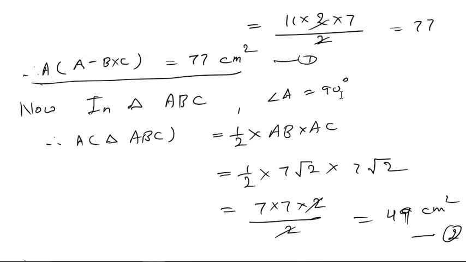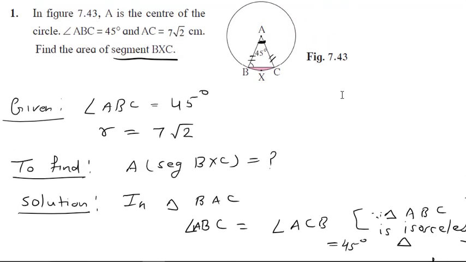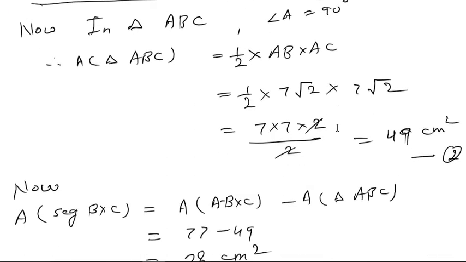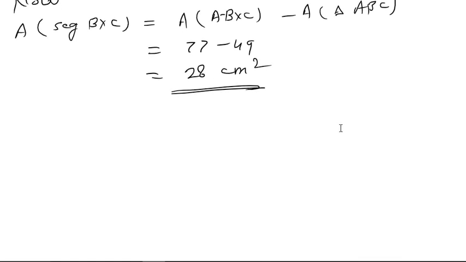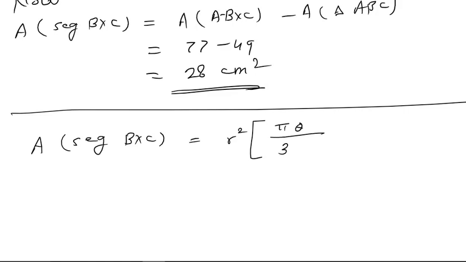So have you understood how we did this question? Now there is one more method. Directly I use the formula. This is the second method we are discussing. Area of segment BXC is equal to r square into pi theta upon 360 minus sin theta upon 2.